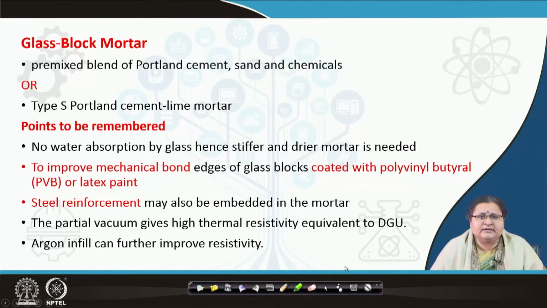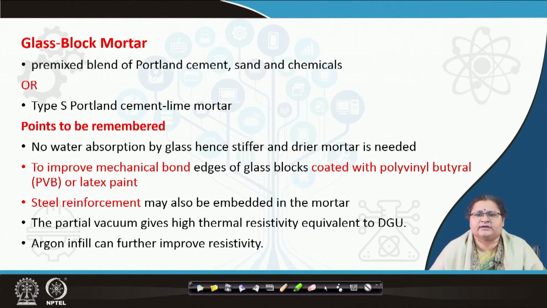So, in the glass block locking system, the mortar is a pre-mixed blend of Portland cement, sand and chemicals. Here the sand is very fine sand, and it may be Portland cement or lime mortar. What is important here, unlike brick, is that there is no absorber for the water component.